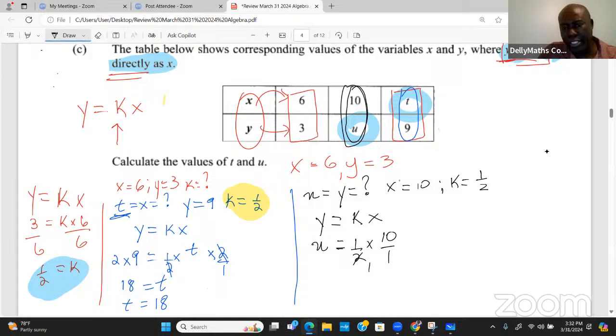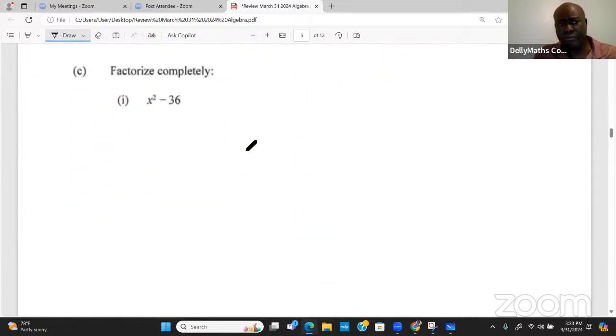Finally, if you break this down, you would see that u is equal to 5. So there it is. So we have just found that. So the answer is t is equal to 18 and u is equal to 5. And there it is. Variation does come yearly. I've seen it so often.